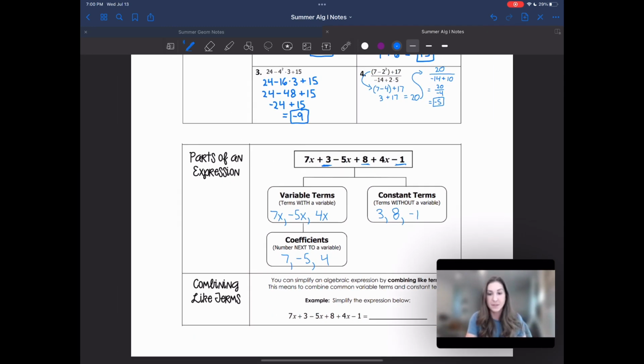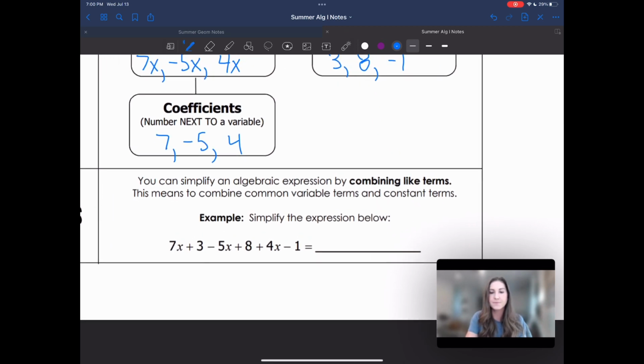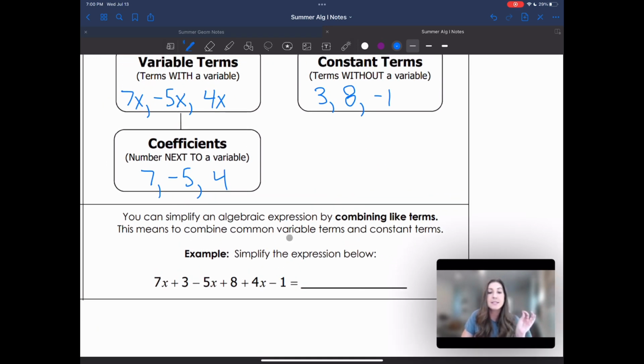Okay, so let's do something with this now. If we scroll down here, it says you can simplify an algebraic expression by combining like terms. So this is the same problem. Let's go ahead and combine like terms to simplify. Any of your variable terms can go together, so to speak. So let's do that. We've got a 7x minus a 5x, and let's just go in order.